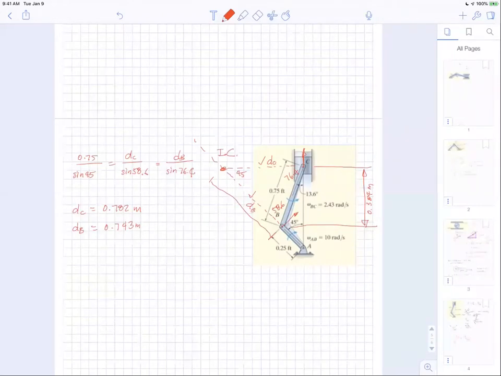Let me double check both of those. dC, correct.